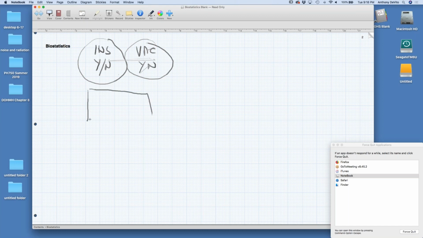Well, typically the way we go about proving that is setting up a crosstabs table where we're comparing the exposure, insurance, for instance, yes and no, to whether or not a person gets vaccinated or not. Vaccinated, yes. Vaccinated, no. So once we've set up that table, we can do something called a chi-square analysis.